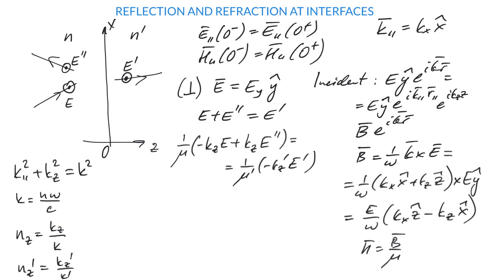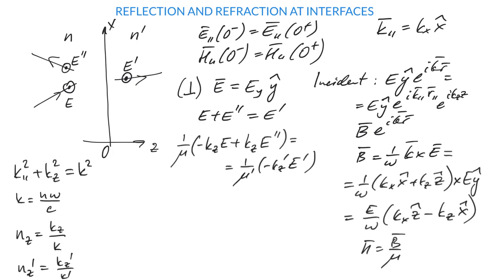So prime here refers to the region to the right of the interface. It has nothing to do with the real part of anything. So we decided to attach the primes to all the expressions on the right-hand side. So if kz is real, then kz over k is just the cosine of the corresponding angle of propagation with respect to the normal to the interface.